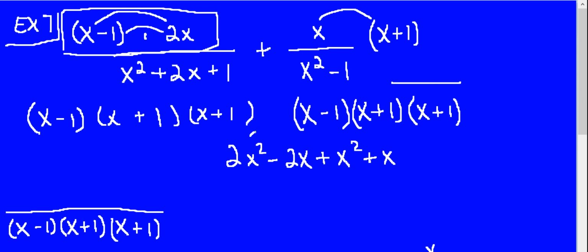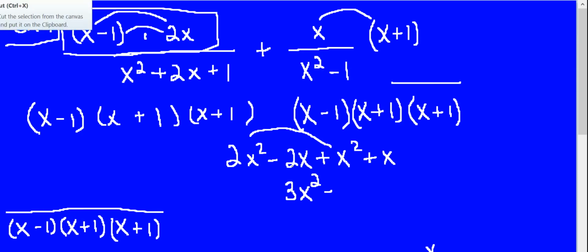So here I've got 2x squared plus 1x squared, which is 3x squared. Let's see, I better wait before I put it into the numerator there. So I've got 3x squared minus 2x, oh I'm sorry, minus 2x plus 1x is minus 1x. So negative 2x plus x is negative x.